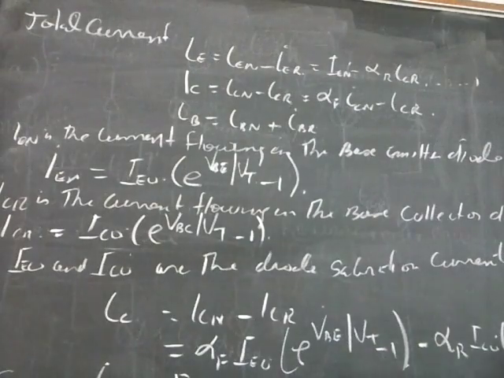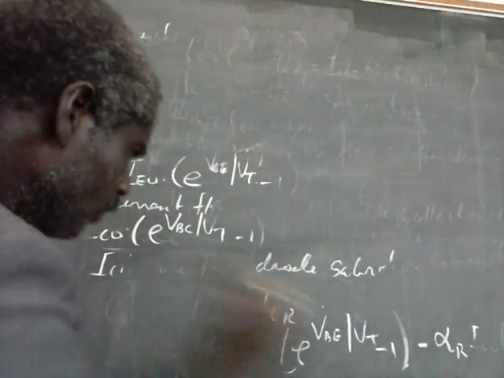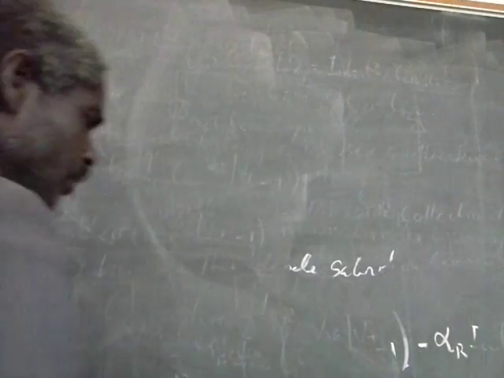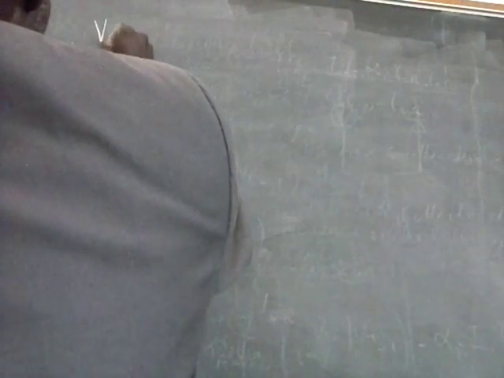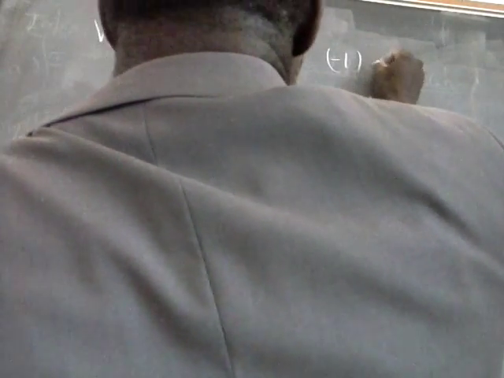And so let us proceed with that. We're going to be choosing VBE and the voltage base-collector to exceed VT in such a way that the minus one factor would be negligible.